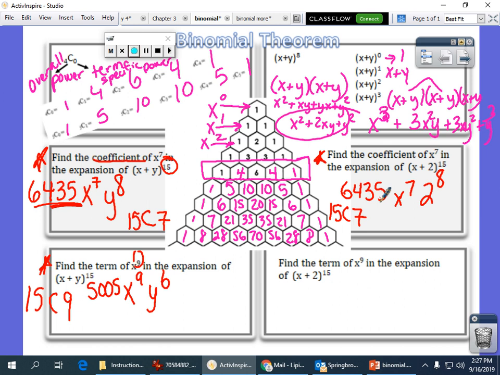I can't do x to the 7 because x is not a number, but I can do 2 to the 8th because it is a number. So in your calculator, 2 caret 8 times 6,435. What do you get? Now, let me get a calculator and make sure nobody lies to me today. Some of you gave me wrong answers the other day and I trusted you.